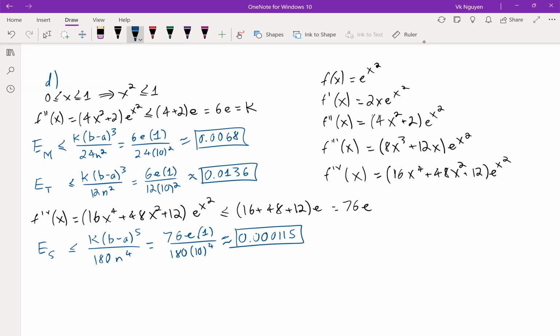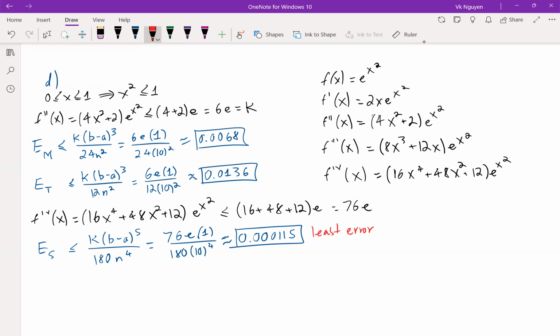Oh, look at the error from the Simpson rule here. It's pretty small. Smallest error. So this is the least error here, meaning that the Simpson rule is the best rule to use in the estimation of this integral.